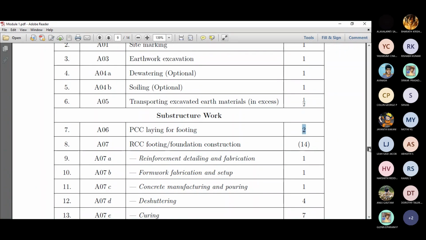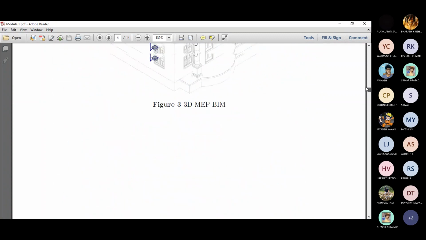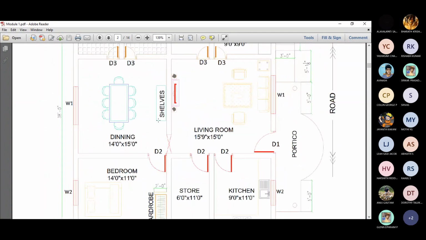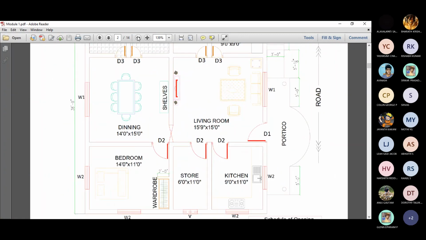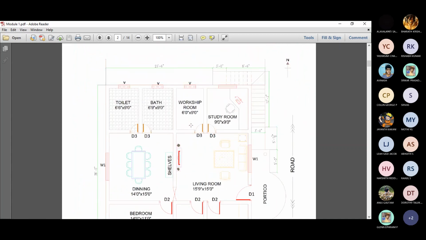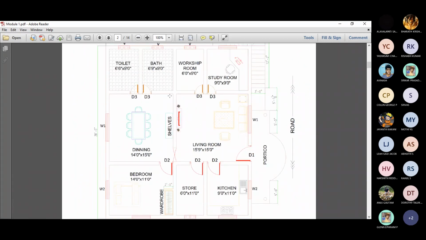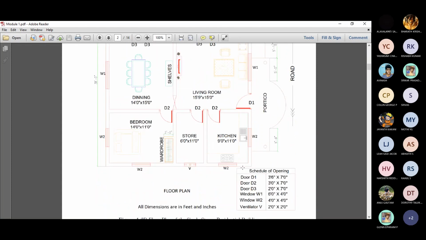This is generally estimated based on this particular site. So based on this site, I might require laying of PCC footing in 2 days, like 16 hours. I can lay something like 14 to 16 footings.